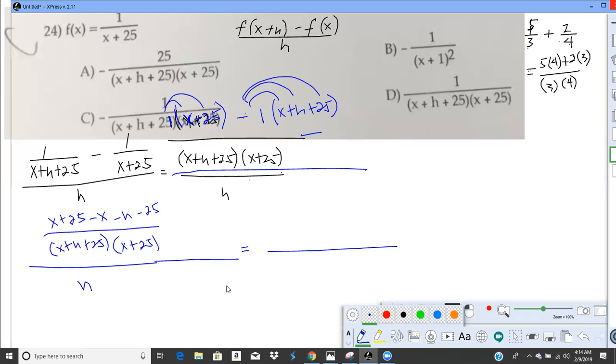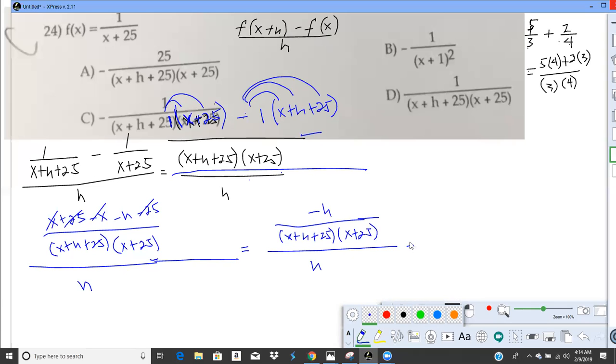I keep writing the major division line because I don't want to lose it. Now I'm going to copy this: x + h + 25 times x + 25. Simplify: x and negative x cancel out, 25 and negative 25 cancel out. You only have negative h left.